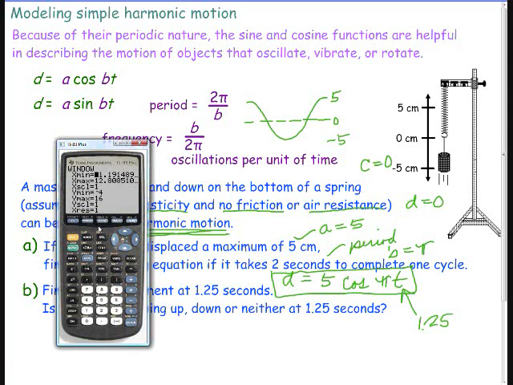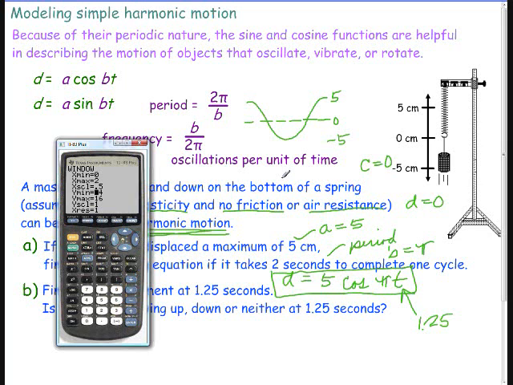We'll change our window again. We'll have a minimum of 0. What are we looking at for time? We're looking at 2 seconds. So 2, we've gotten through the full cycle. We'll have a scaling factor of 0.5.